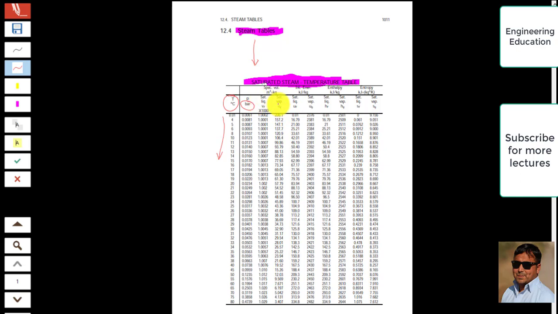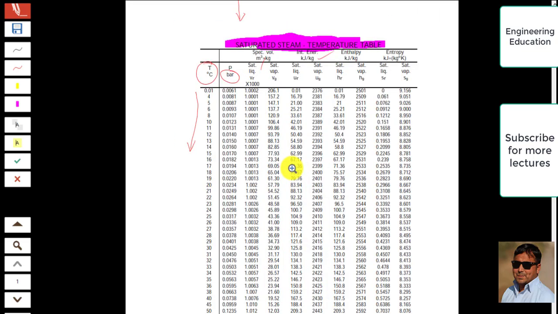If the value in the problem is given in bar, we will use this table. The unit of specific volume is cubic meter per kilogram. The unit of specific internal energy is kilojoule per kilogram. The unit of enthalpy is kilojoule per kilogram, and the unit of entropy is kilojoule per kilogram per Kelvin.